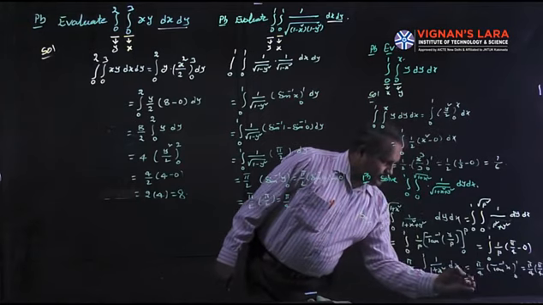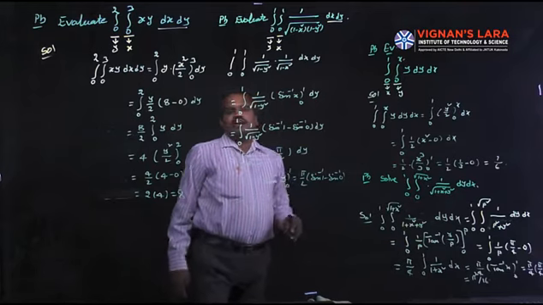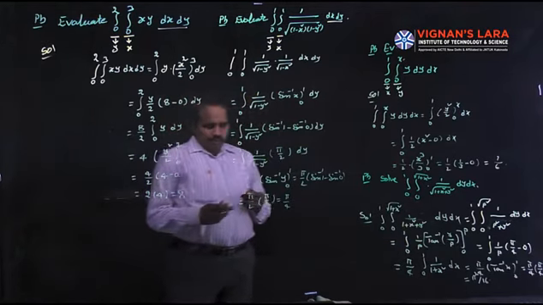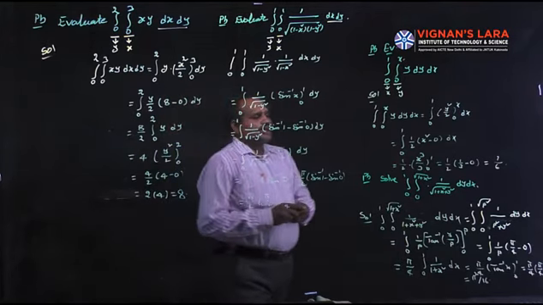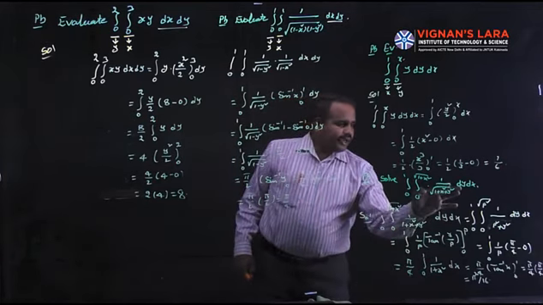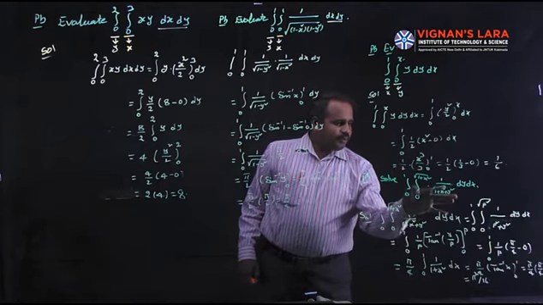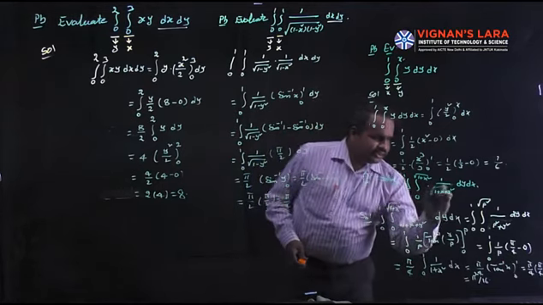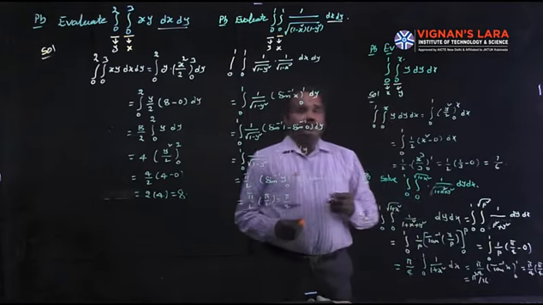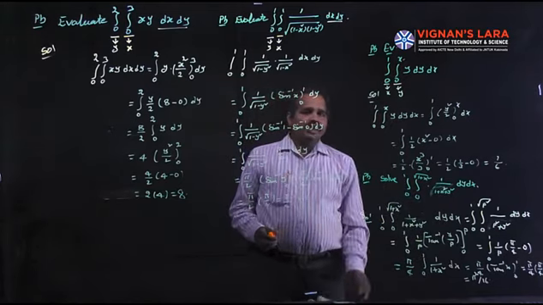This is the value for the problem integral 0 to 1, integral 0 to under root of 1 plus x square, of 1 by 1 plus x square plus y square. The problem had no square root, only 1 by 1 plus x square plus y square, dy dx.